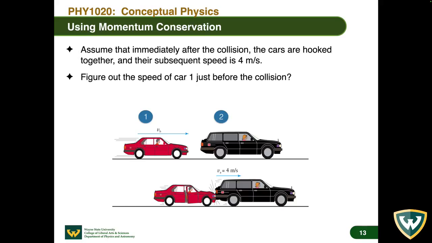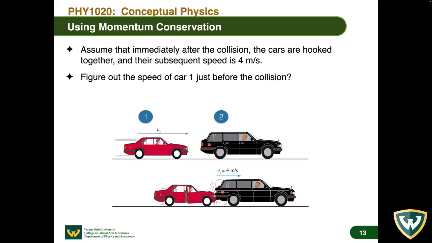It's quite clear that, because those two cars are on the road, there's going to be some friction, and they're not going to go at 4 meters per second forever. They will eventually stop on their own. But what's important is that right after the red car smashed into the black car, they're hooked together and they go at 4 meters per second.